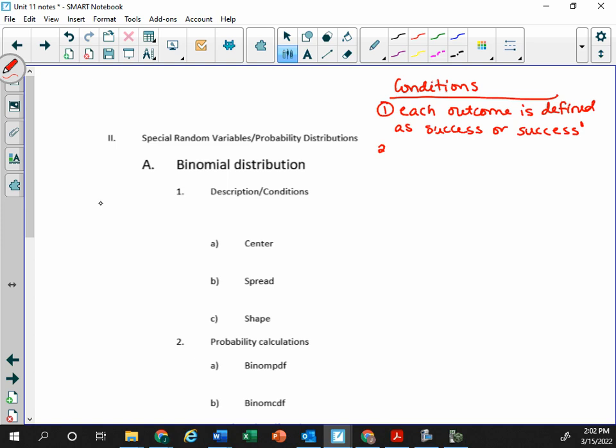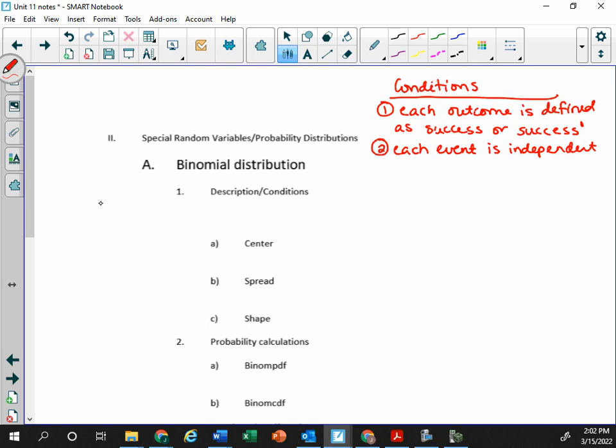Second, each event is independent. That's not success at the end. That's what the little apostrophe means afterwards. You can certainly just write not success if you don't know what that symbol means. That's fine.